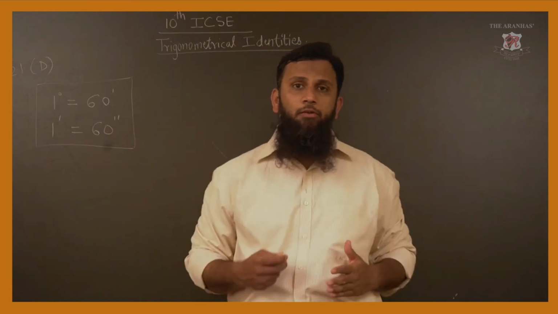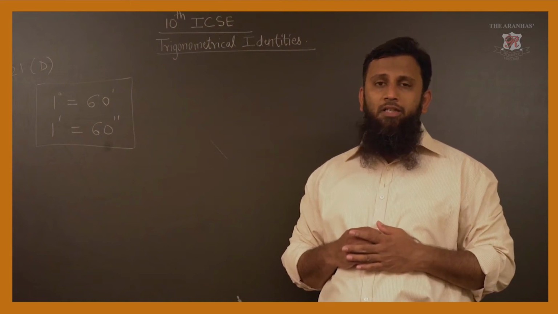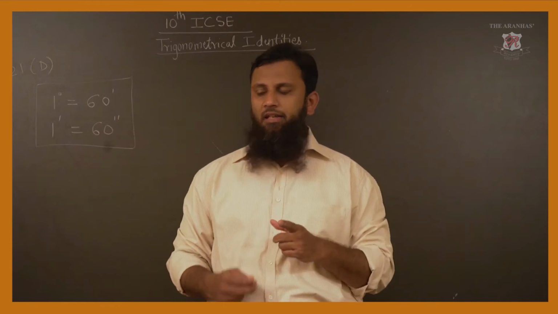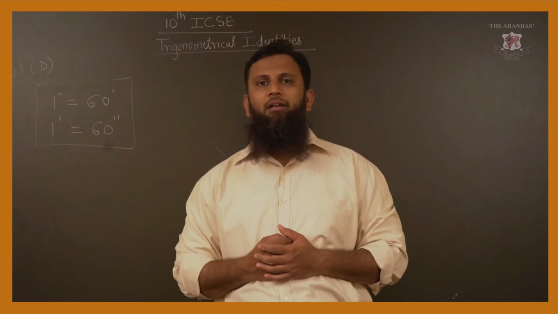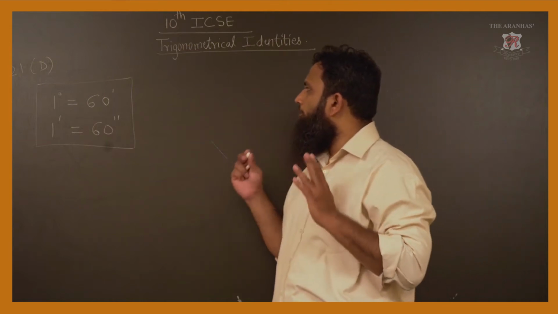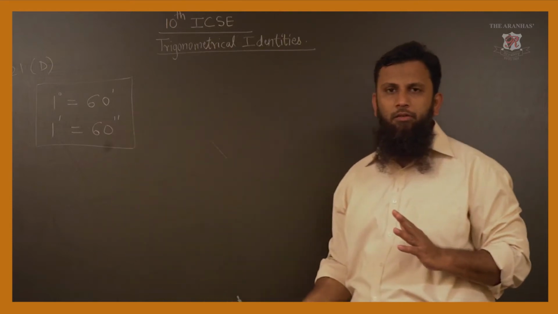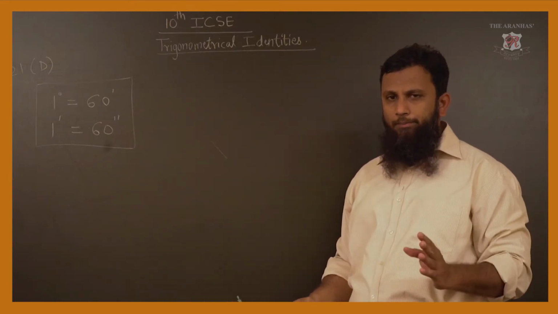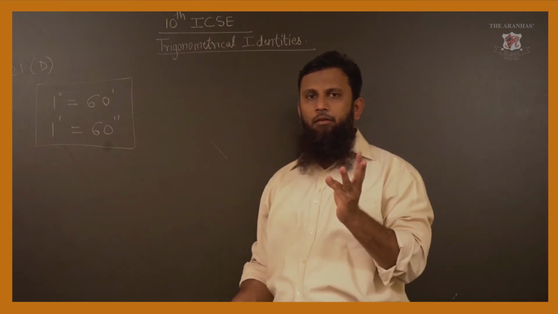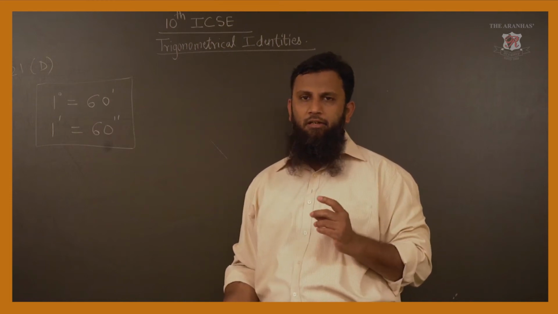But if someone asks you how much is sine 15 degree or sine 15 degree 20 minutes, in that case we take the help of the tables which are available in the logbook. So remember, we are going to search the values only in natural sine, natural cosine and natural tangent.